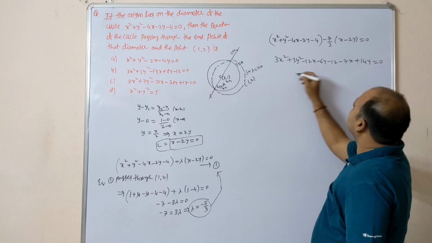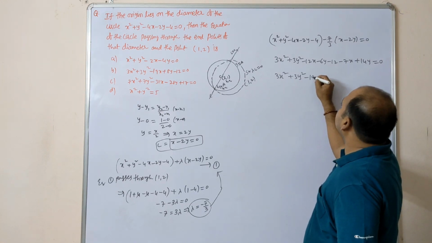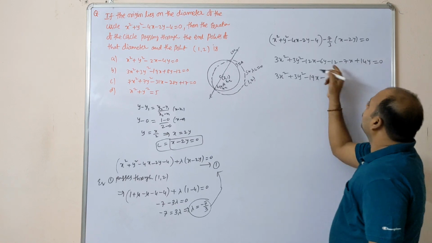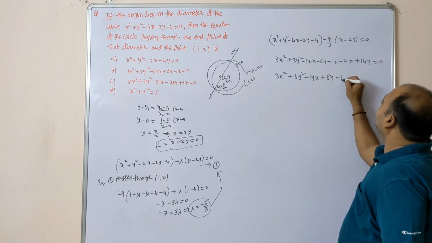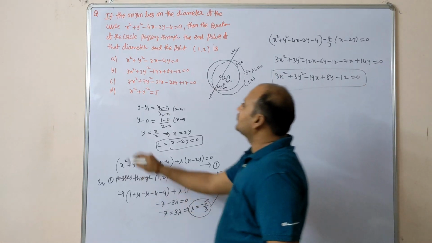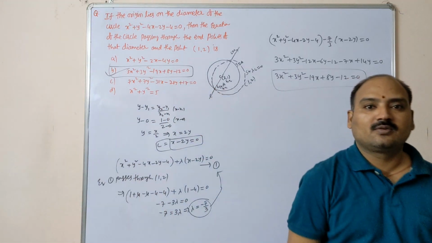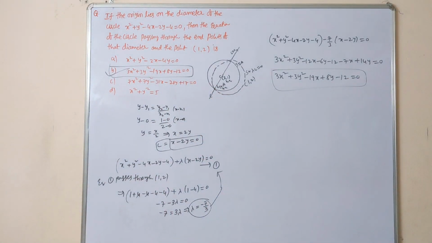So 3x square plus 3y square minus 19x plus 8y minus 12 equal to 0, which is there in the second option, dear students. These questions are there in the system of circles if you observe clearly in the IPE textbook. So if you are perfect in IPE concepts, you are able to attempt the questions in Eamcet, TS or AP.